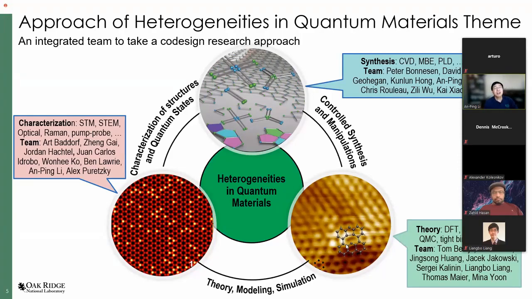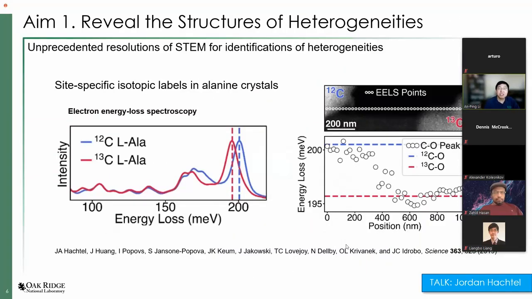Here is an example to show how we reveal the structure of heterogeneities. Our team member, Jordan Hector, and his collaborators are using STEM. Basically, they are improving the resolutions of STEM, both in terms of spatial resolution and energy resolution.